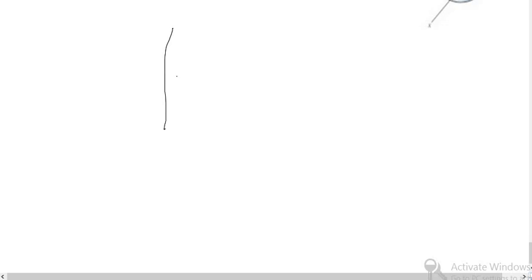Supposing this is the cylinder, and this is the top.